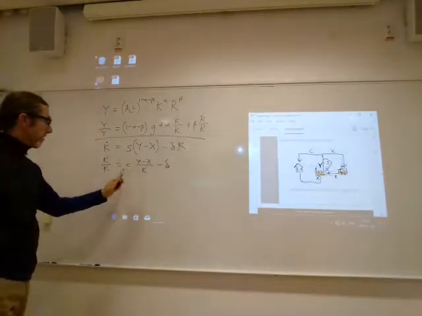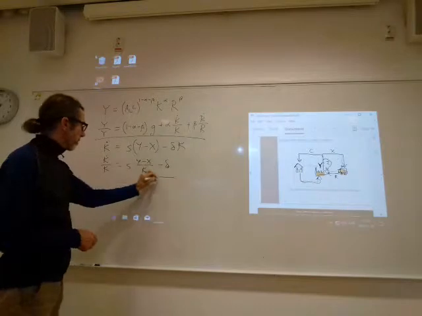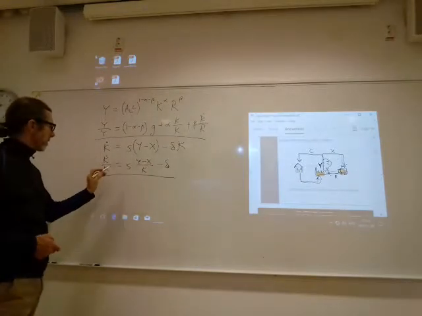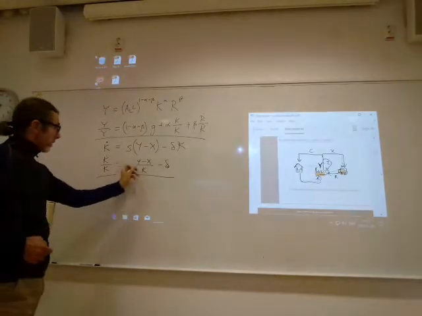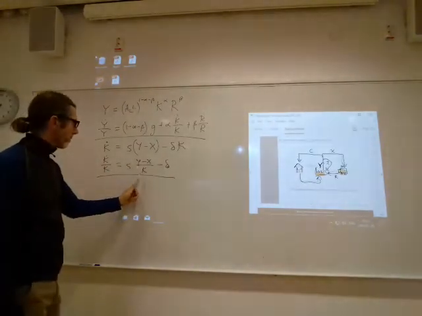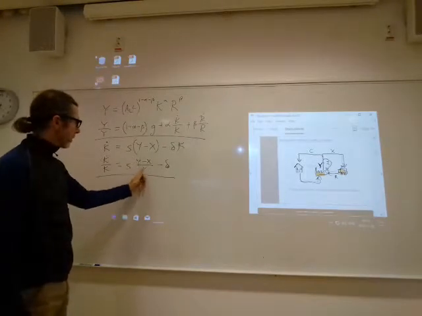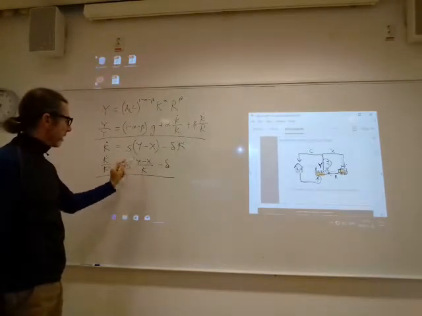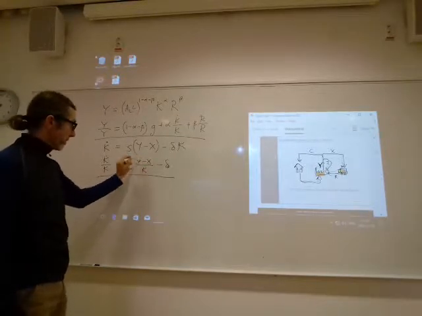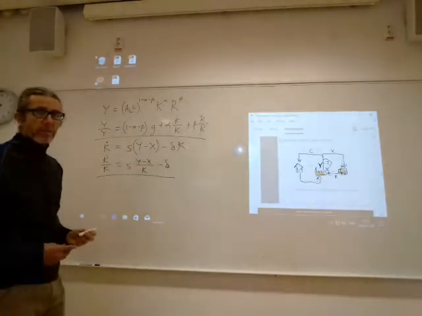Now we're going to say, let's assume we're on a balanced growth path, so this is constant over time. So what does that imply about this? It's pretty clear that if this is growing by 1%, this 1%, this 1%, then this whole thing is going to be constant.